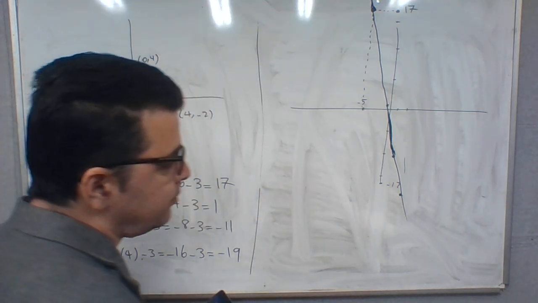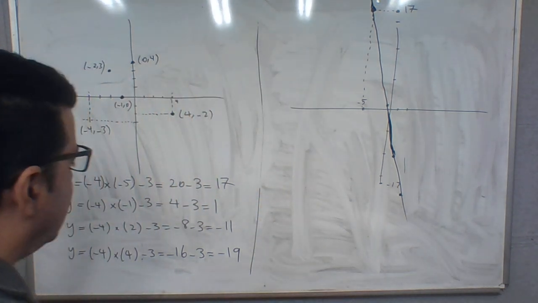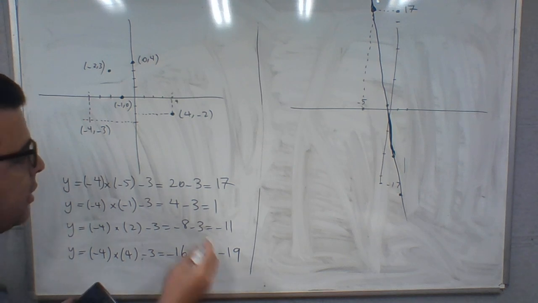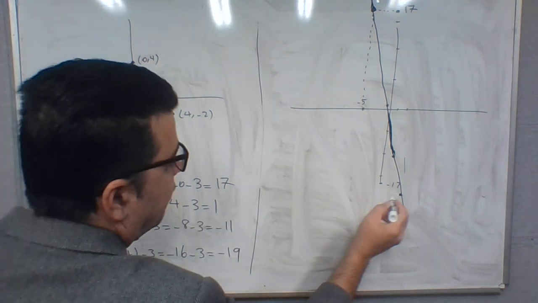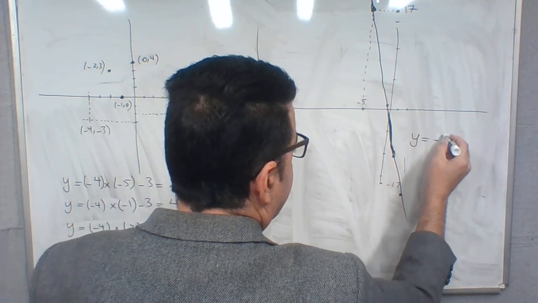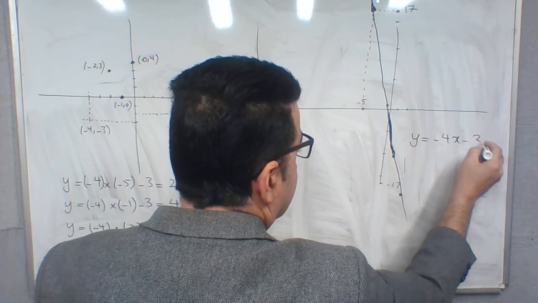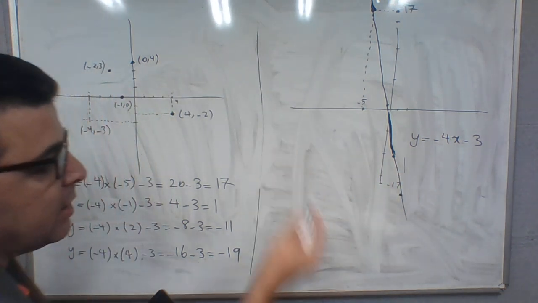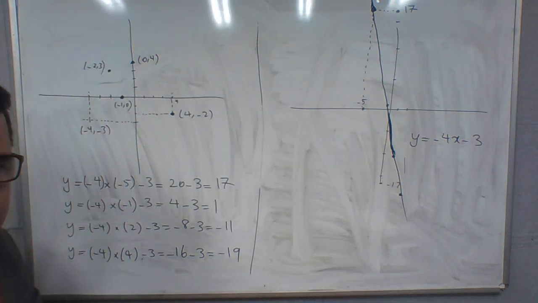So if you have a linear equation like here, y equals negative 4x minus 3, this shows a line on the coordinate system.